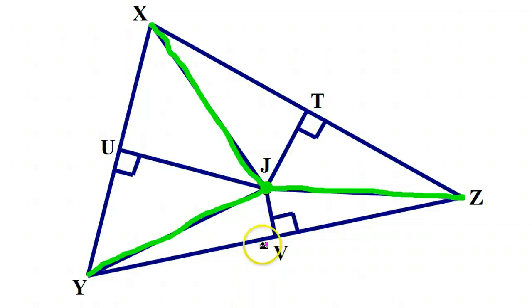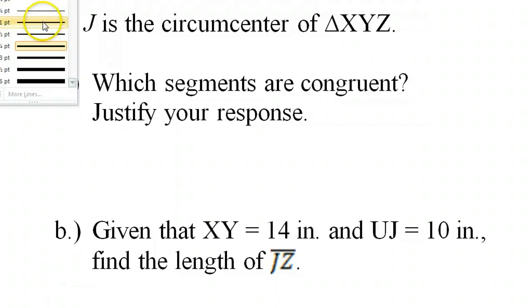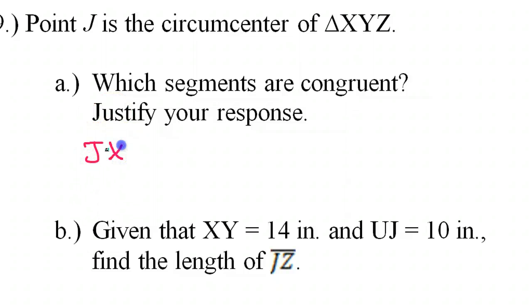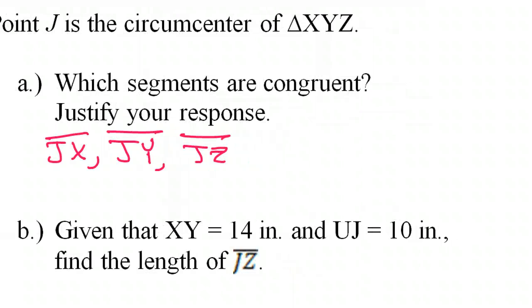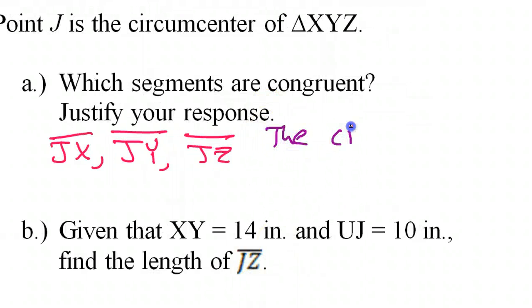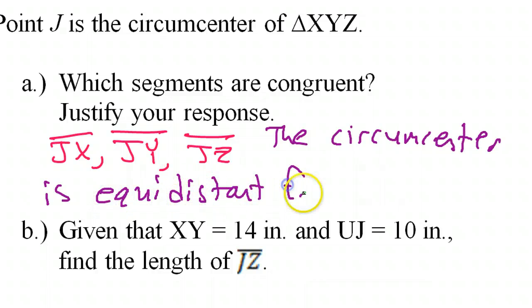So JX, JY, JZ. And for our justification, we will say that the circumcenter is equidistant from the vertices.